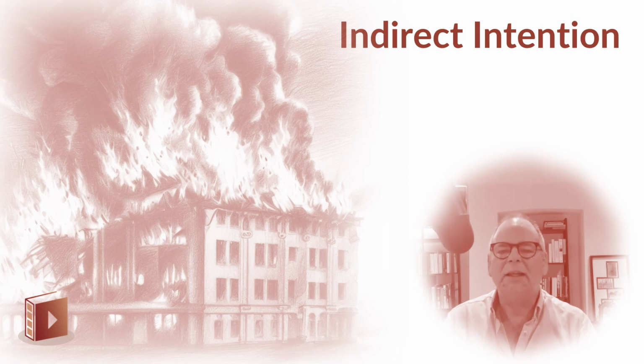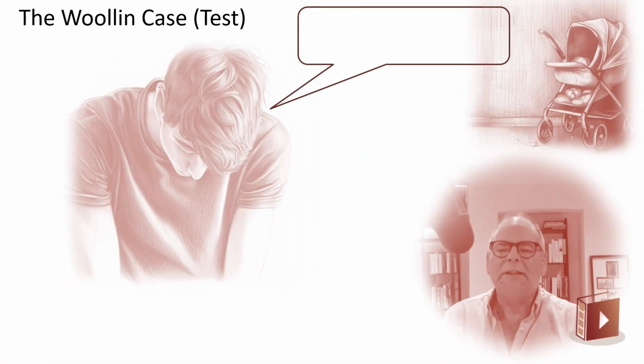In situations like this, the courts have used case law in order to come up with a concept called indirect intention. And the most recent case is the Woollin case. Now, in the Woollin case, Mr. Woollin was a young man who was looking after his baby, and at some point he became frustrated with the baby choking on the food that he was trying to feed it, and he threw the baby across the room towards the pram.